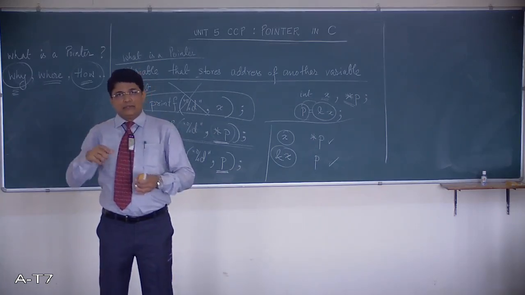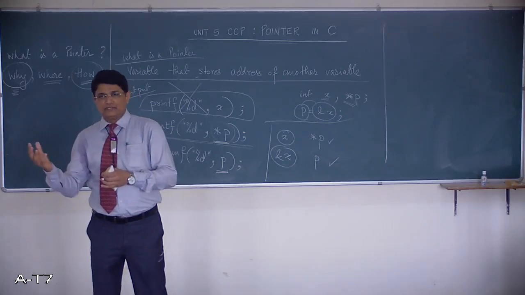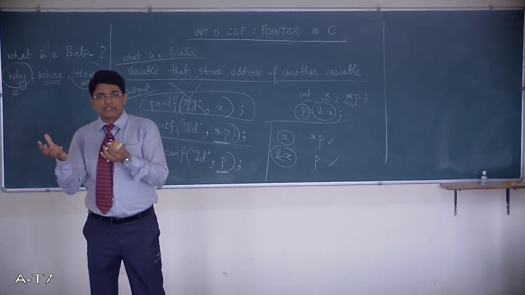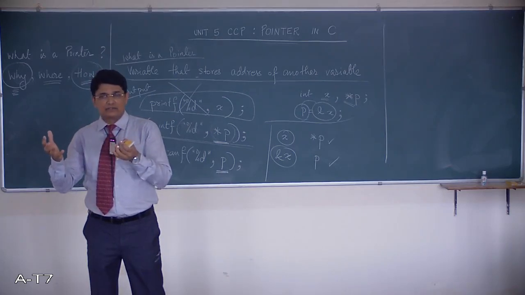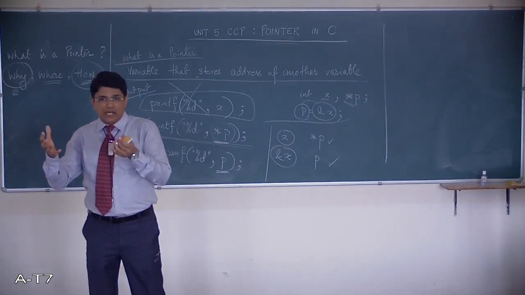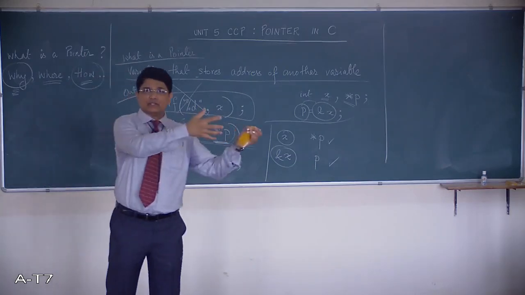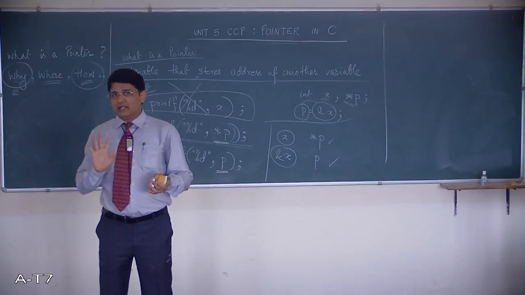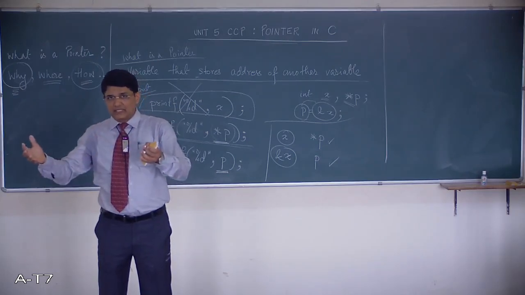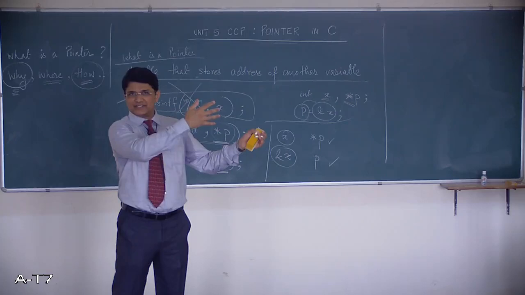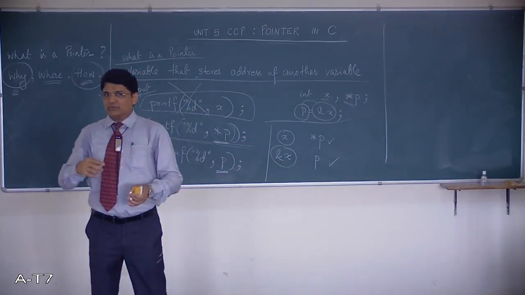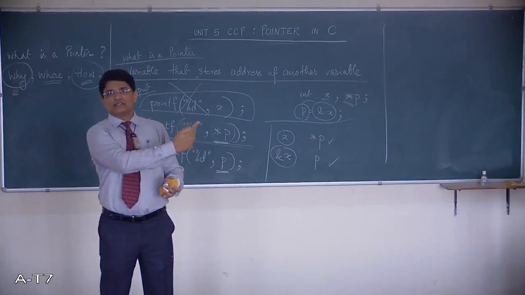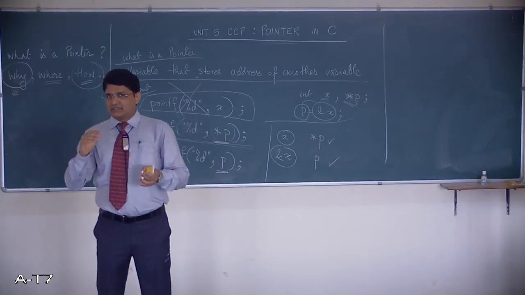There, exactly there, when the main function or one of the functions has to perform some operation on a big data structure, and it has to pass this data structure to a function, by using pointers, this will not be done anymore. You are not going to pass the entire data structure to the function. Now, by using pointers, you are going to pass the address of the data structure to the function.